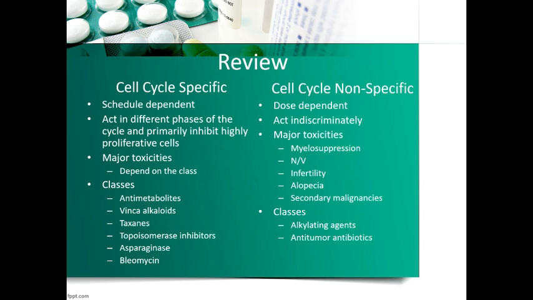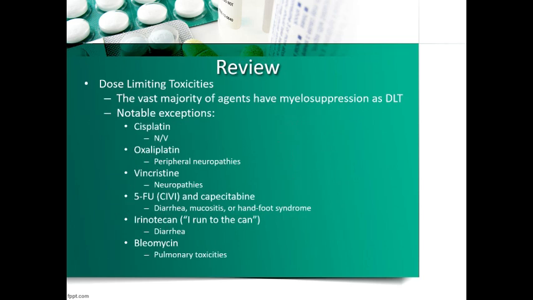Now, cell cycle nonspecific agents act indiscriminately and are dose dependent. Major toxicities are myelosuppression, nausea, vomiting, infertility, alopecia, and secondary malignancies, and we see these with our alkylating agents and our anti-tumor antibiotics.